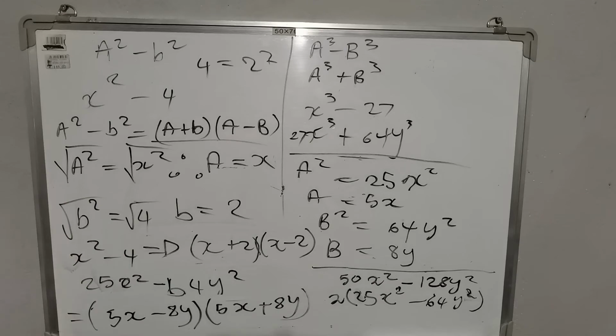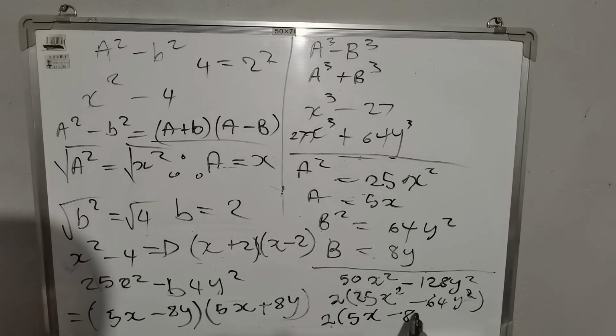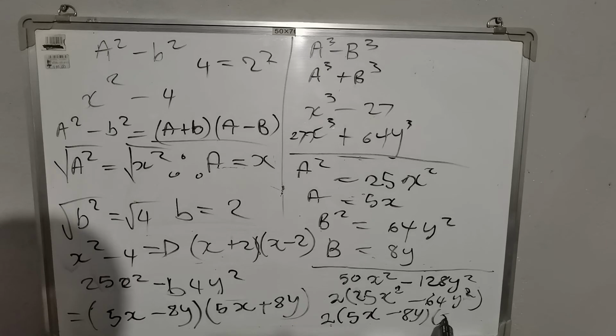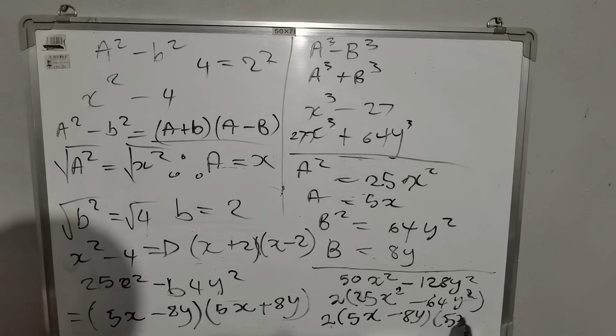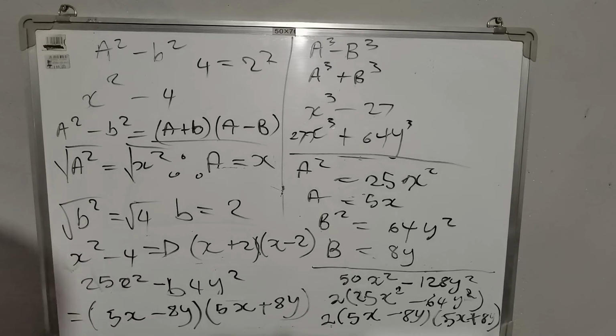So what's left inside is exactly that. So if I did that, the answer would be 2 times 5x minus 8y times 5x plus 8y. Then you have solved it if you saw that.